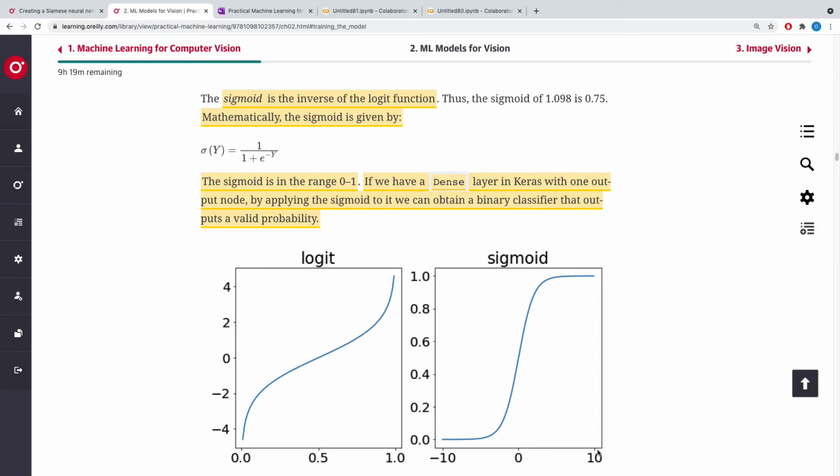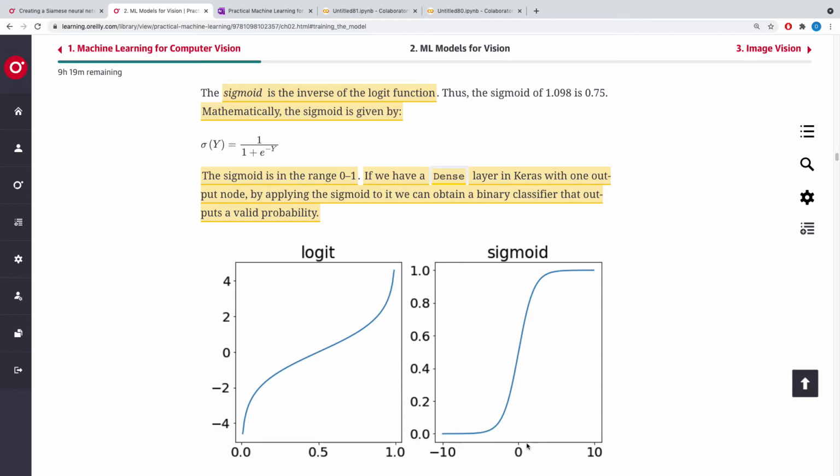If our logit is getting towards positive, it will be squashing it towards a probability of 1. And if it is in the middle, then the probability will be around 0.5. So for instance, if we trace this at 0, you will see that it gives us 0.5.